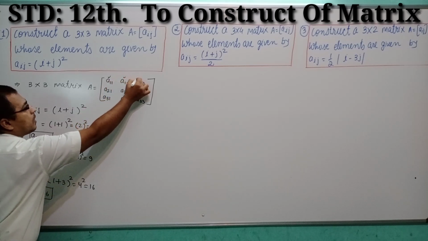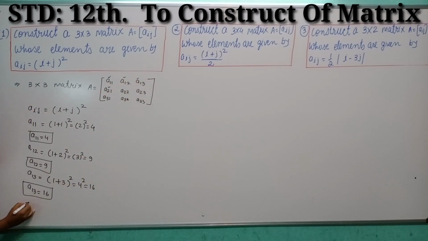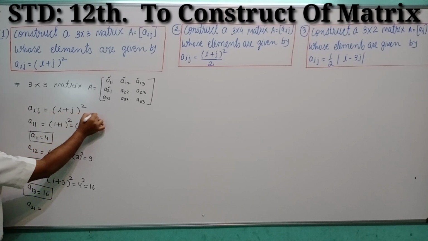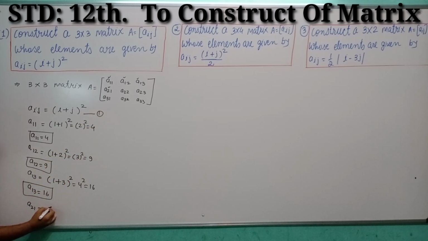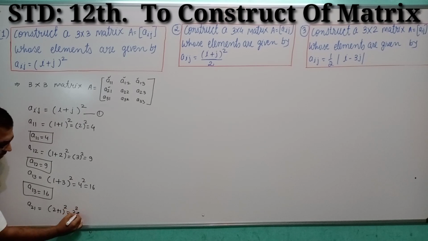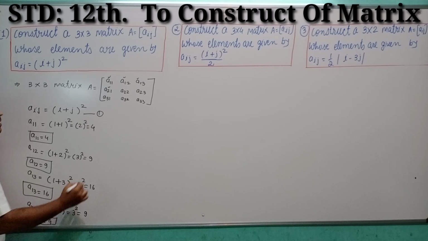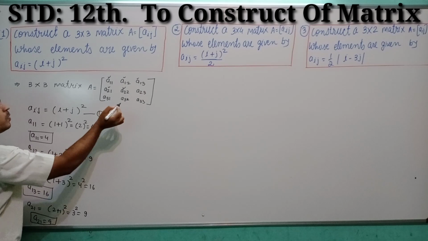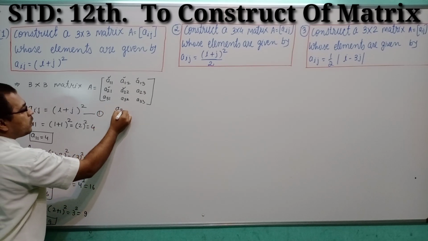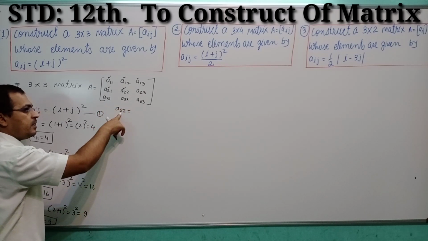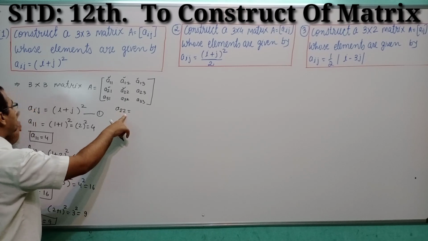Now we will find a21. For a21, the value of i is 2 and the value of j is 1. Putting in this equation, 2 plus 1 whole square, 3 square is equal to 9. The value of a21 is equal to 9. Now we will find a22. a22 means i is 2 and j is also 2.